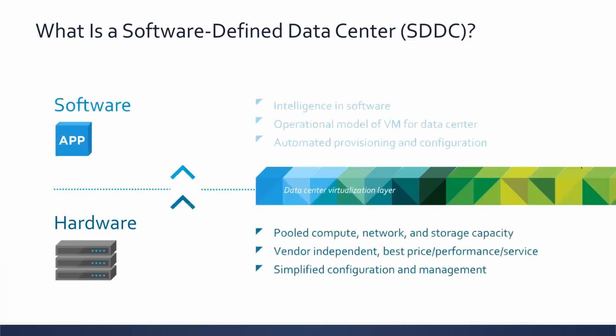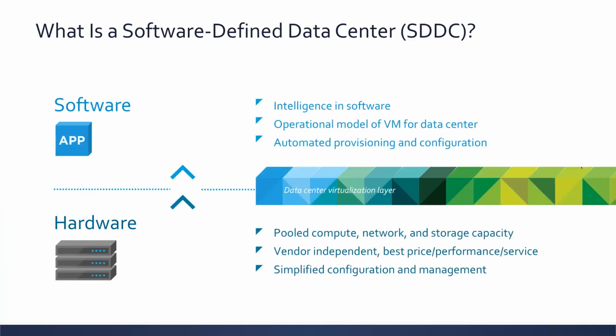So what exactly is software-defined data center, or SDDC? It is the ability to decouple the software from the hardware. So what you're doing is using the intelligence of the software, its operational model for VMs, and allowing the automated provisioning of configurations within the software. So the intelligence lies there, and the hardware just becomes pooled resources.